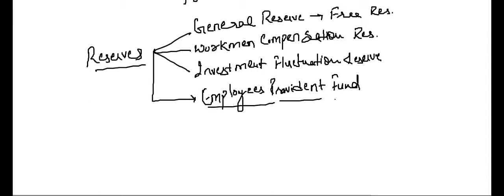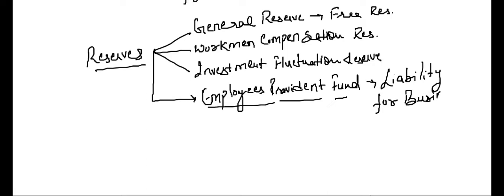Now this employees provident fund is a liability for the business. This fund is not created to meet any contingency. This is a liability for the business. This has to be paid, in any case, to the employees at the time of paying the salary. This is created for that purpose.